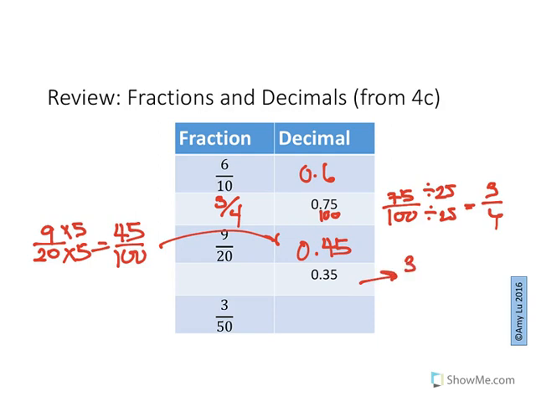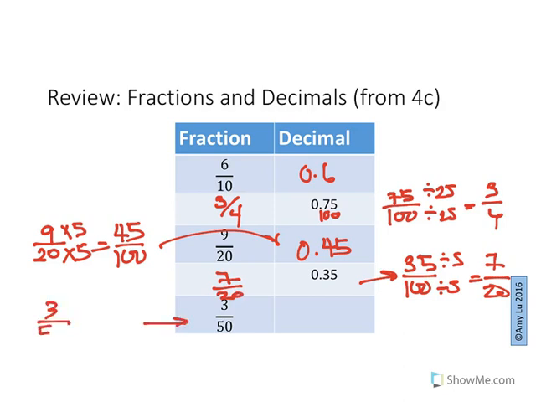The next one, 35 hundredths, which can be divided by 5, which then turns into 7/20. And the last one, 3/50. We want a denominator out of 10, 100, or 1,000, so we times this all by 2, which makes 6/100, which makes 0.06, because it's 6 hundredths.